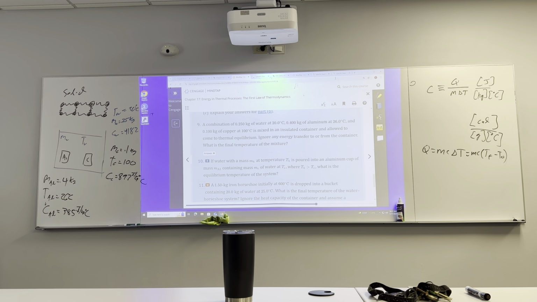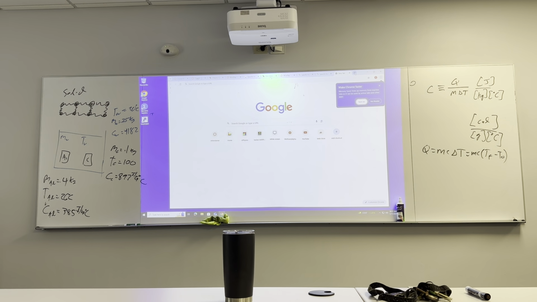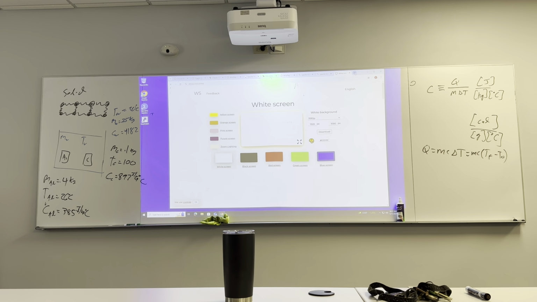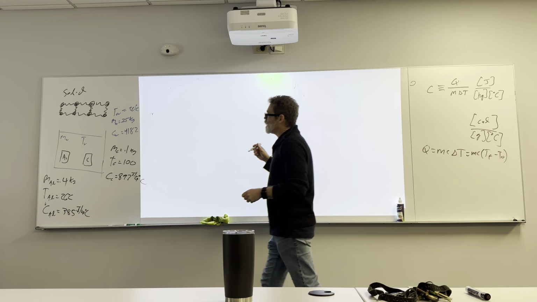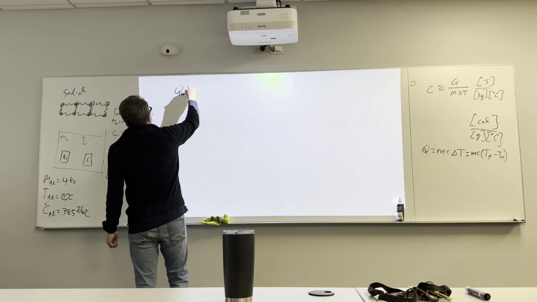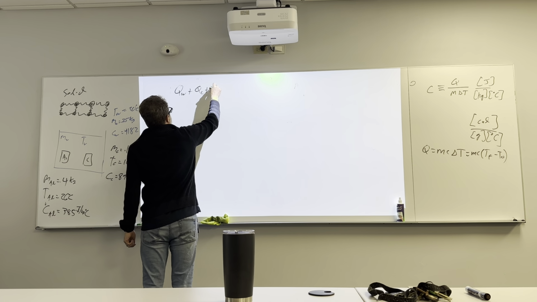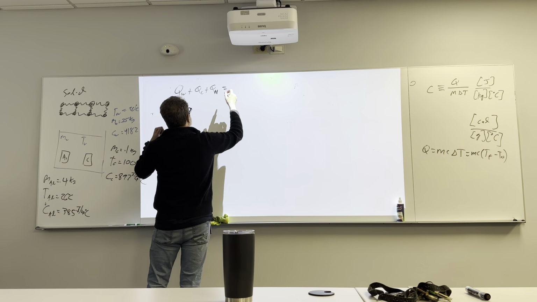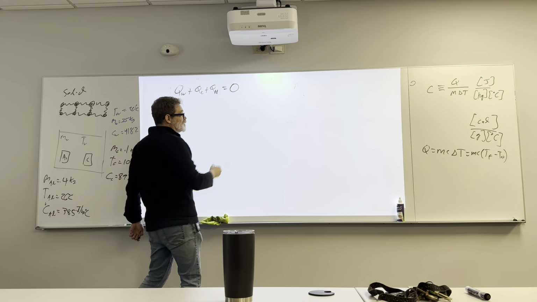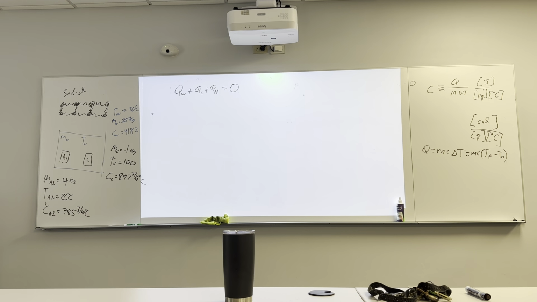Question? It might come out if you just add it in T final, but it doesn't hurt to do the algebra. I mean, who doesn't love algebra? So I have Q of water plus Q of copper plus Q of aluminum equals what? Equals 0, right? You with me?